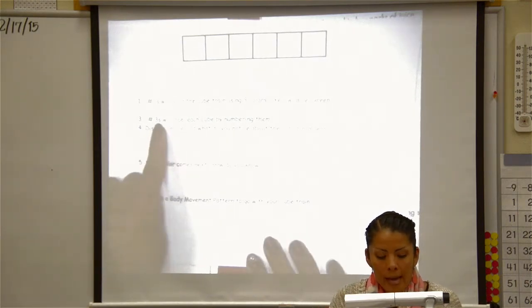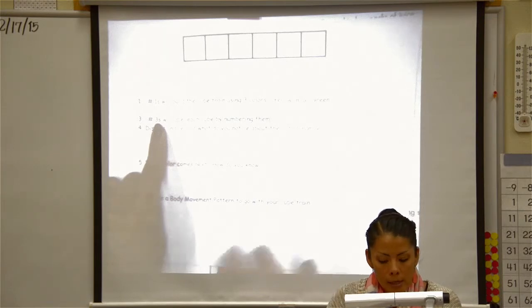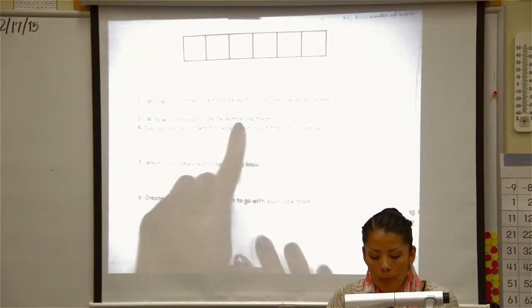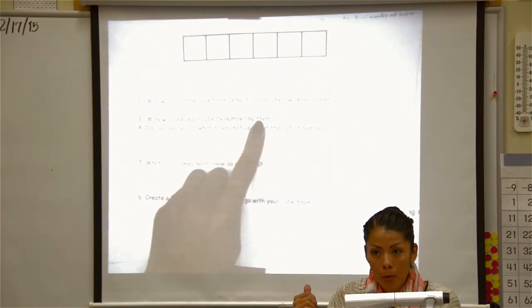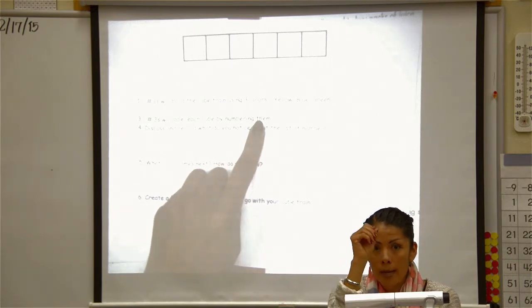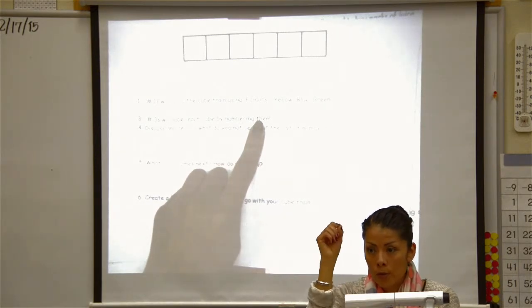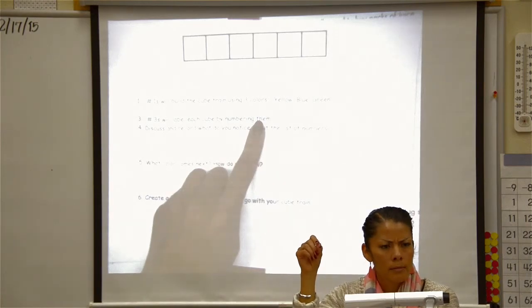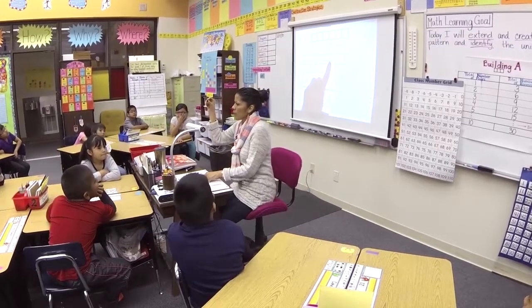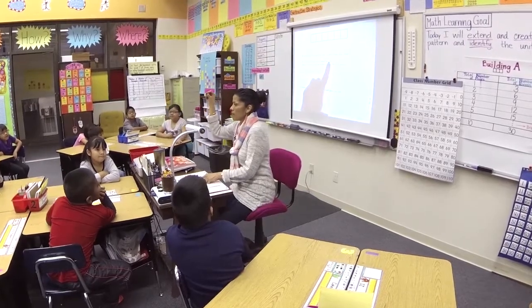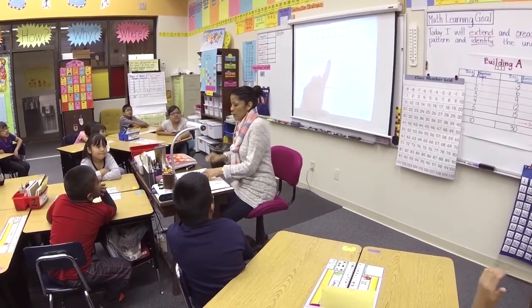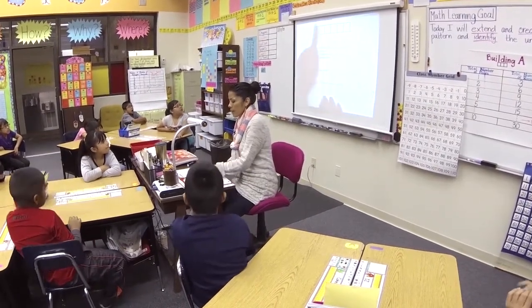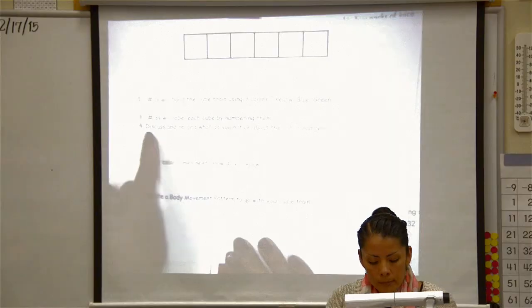Then number 3s, you will label each cube by numbering them. Remember what Ms. Toya did at the top? 1, 2, 3. And do you start with 1 again? What do you do for the next one? 4, 5, 6. So you're going to extend, you're going to write the numbers up on top.